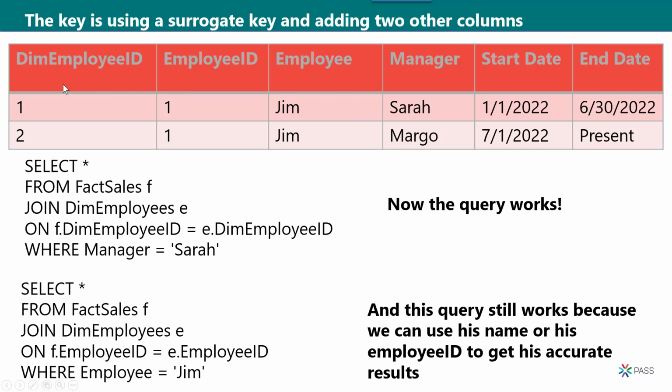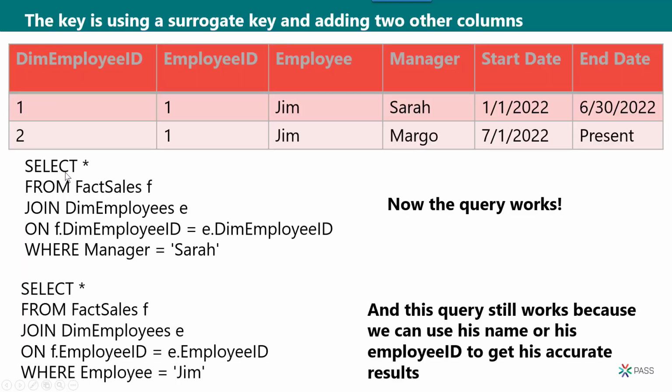But we not only add a surrogate key, which is our new primary key, 1, 2, 3, 4, 5, we also add a start and an end date. So for record 1, employee ID 1, from 1/1/2022 to 6/30/2022, he reported to Sarah. Then on 7/1 for record 2, he reported to Margot. What that means is if you write this query, select star from fact, join employees on dim employee ID to dim employee ID, that is now using this number 1 right here.